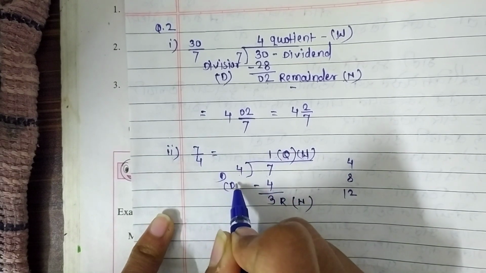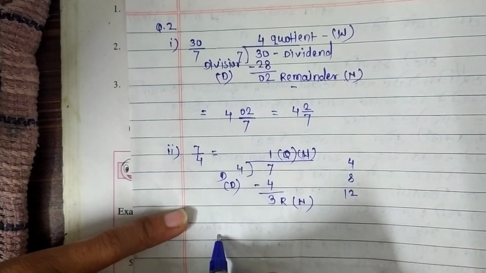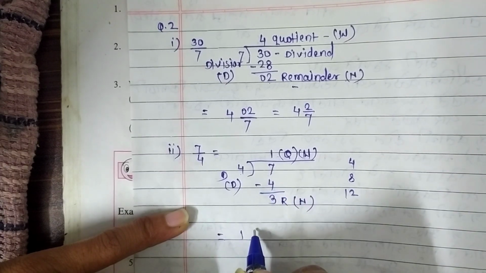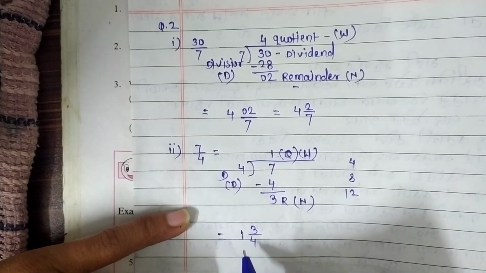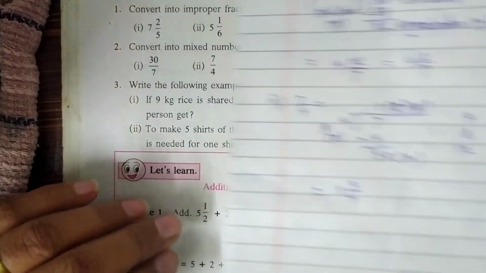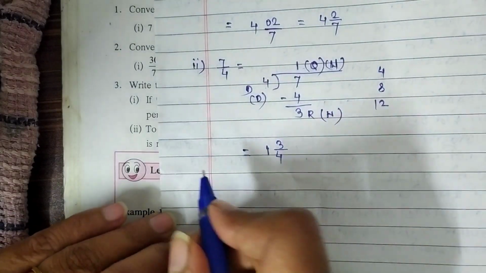We write it as a denominator. So the mixed number we get here is 1 and 3 upon 4. Now the third question is 15 upon 12.